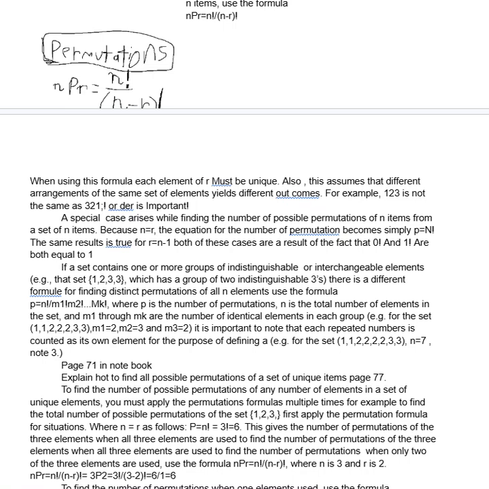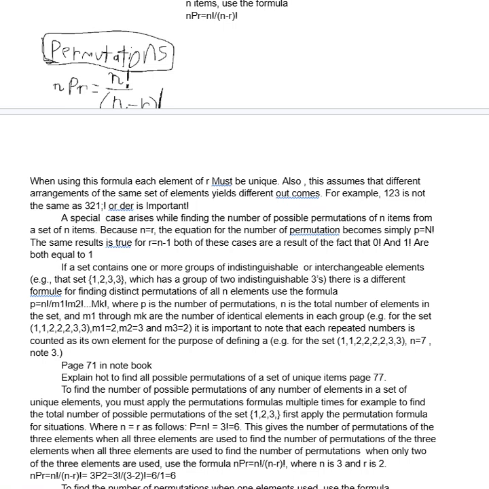Use the formula P equals n factorial in the numerator, over the denominator m1 factorial, m2 factorial, through mk factorial, where P is the number of permutations, n is the total number of elements in the set, and m1 through mk are the number of identical elements in each group.